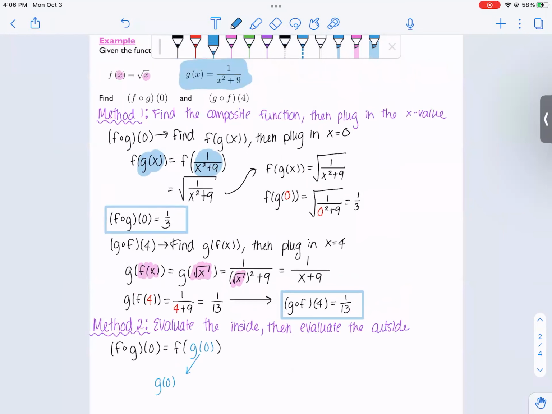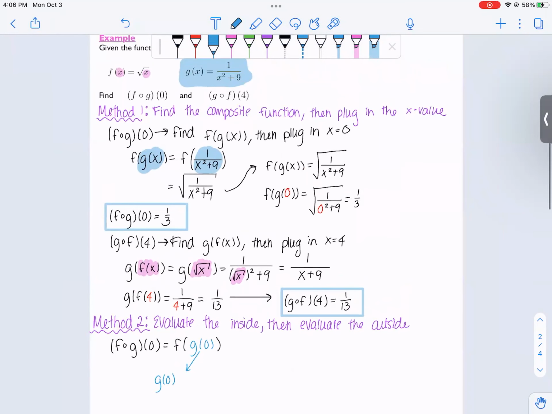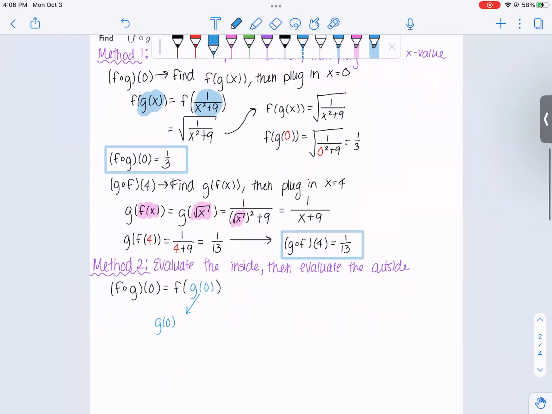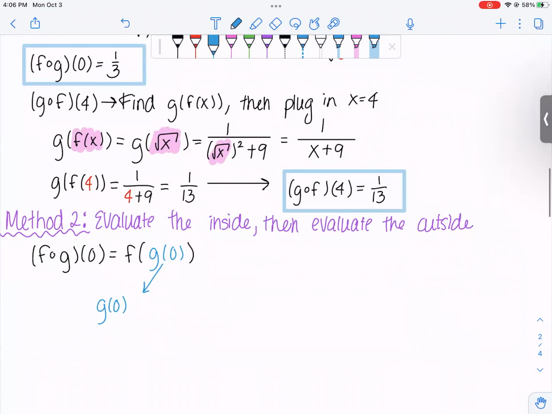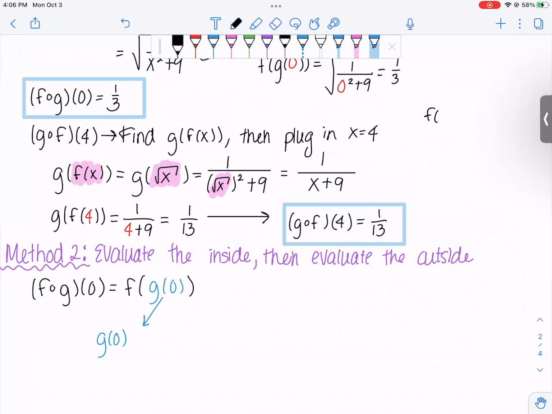Trying to remember what my functions are. Okay, remembering that f of x is the square root of x and g of x is 1 over x squared plus 9.